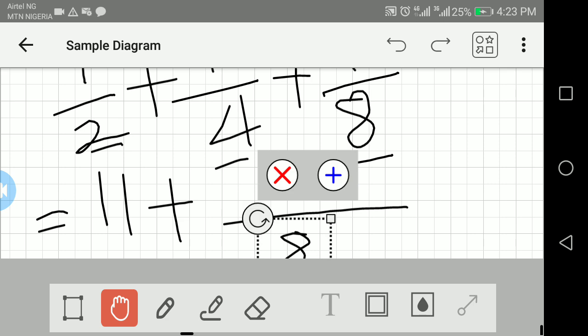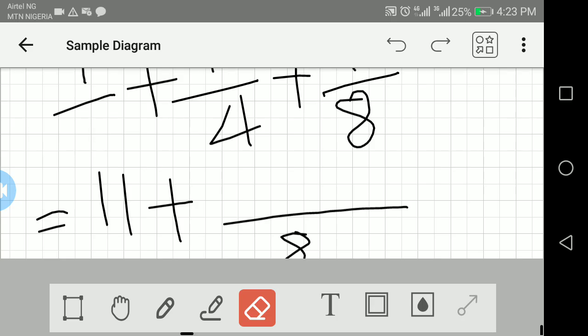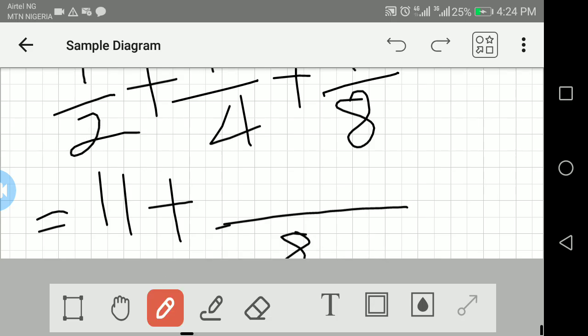The answer is 2. So let me show you how we do this LCM. This 8 that is down here, 8 divided by 2 times 1.